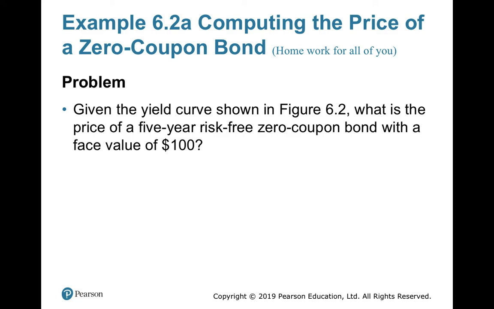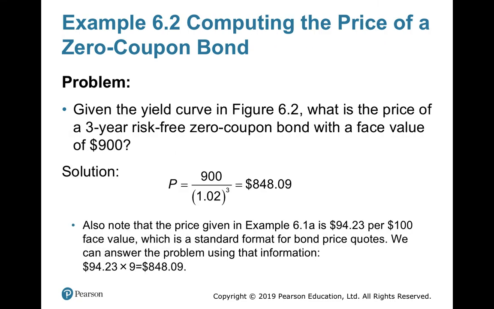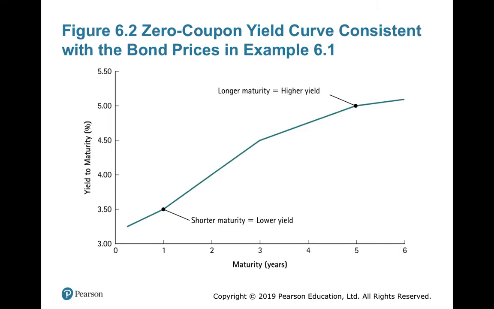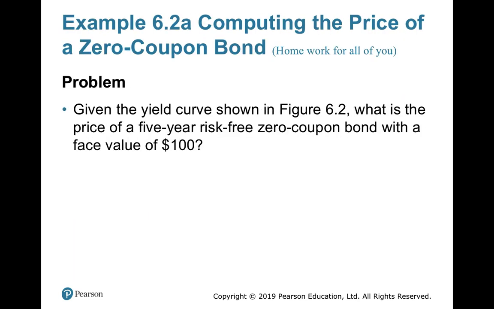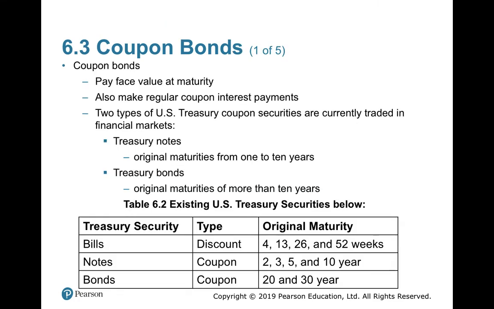Let us see what the r is for 5 year. In the yield curve, it is maybe 5% for 5 year. So 100 divided by 1.05 to the power 5, because it's a 5-year bond, will be the price of this bond. Do it. If you face any difficulty, let me know.